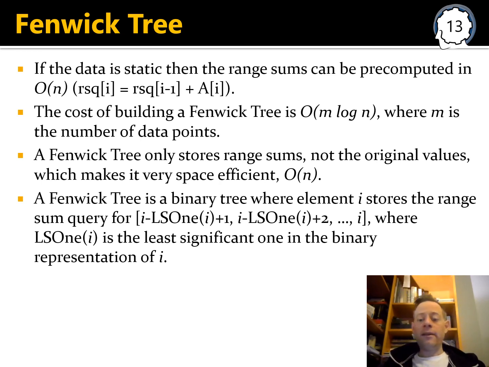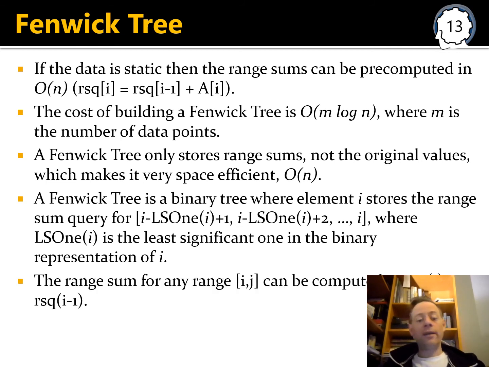So basically, the idea here is that element I actually contains pieces of information, so to speak. The range sum queries for I minus the least significant one of I plus 1, until I minus the least significant one plus 2, and so on until I. So it stores this range for a particular subset.